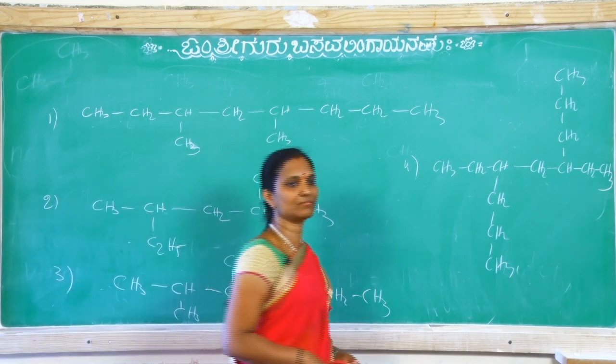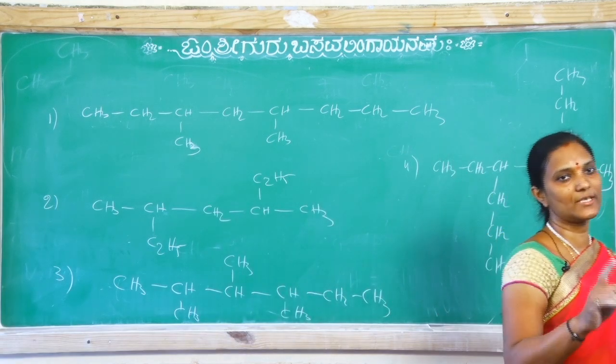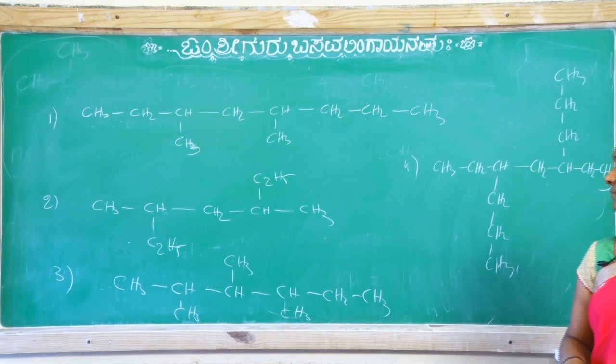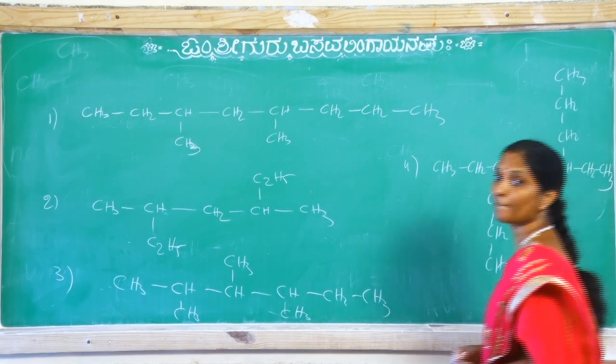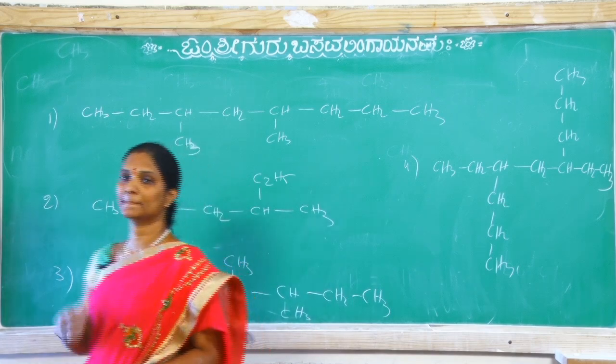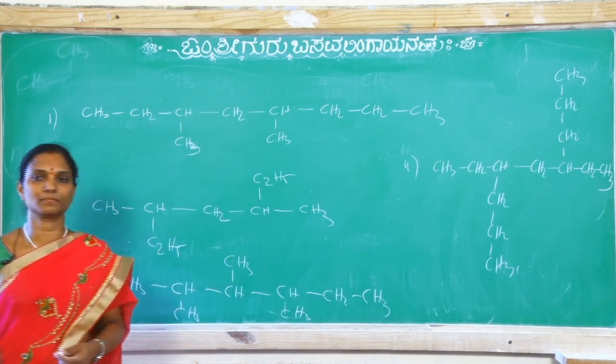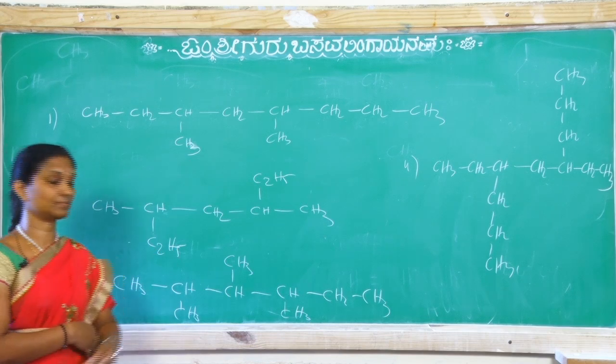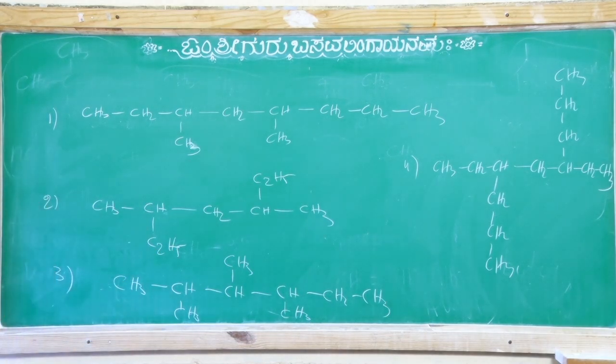Select the parent chain, then least sum or least number. Make it faster.